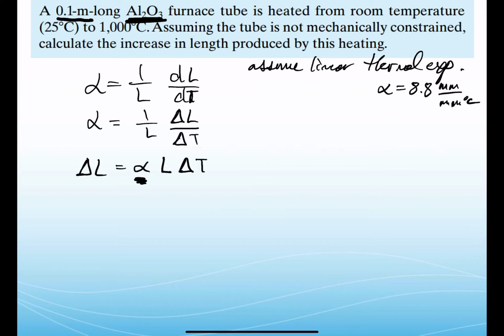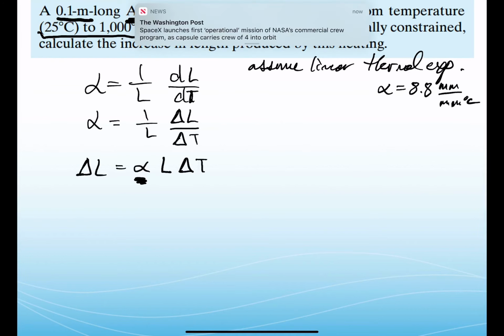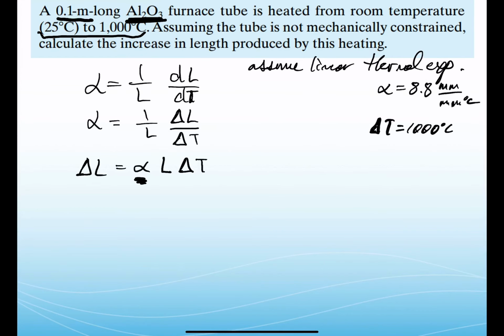And we need to know the delta temperature. Here in this case, the change in temperature is delta T equal to 1000 C minus 25 degrees C. So that is 975 degrees C for delta T.